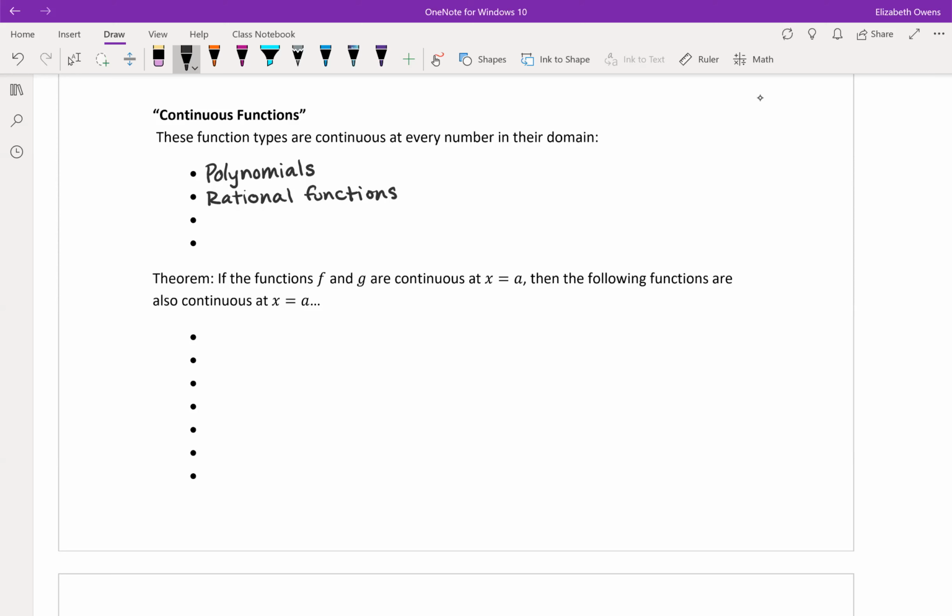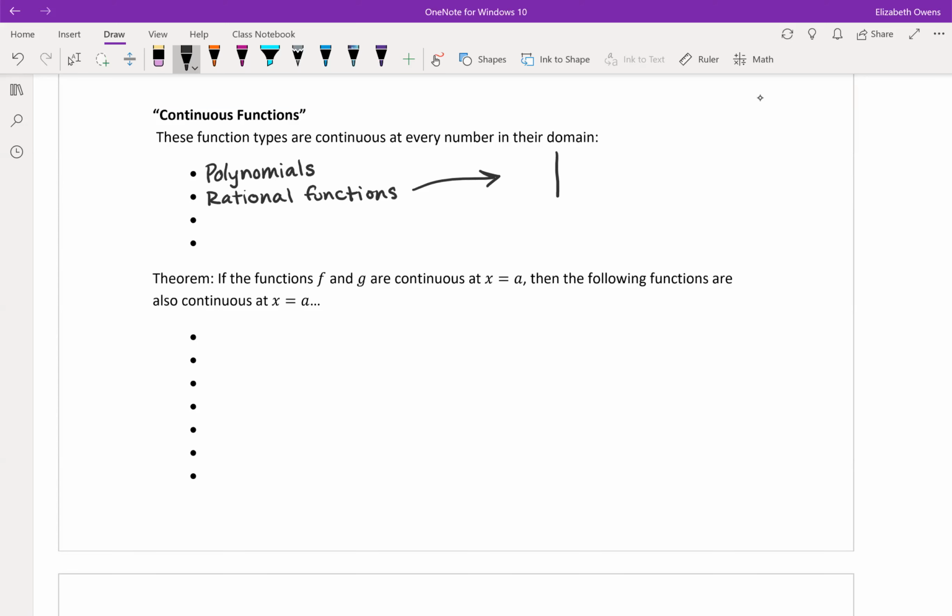Okay, and now you might look at that and say, hey, but isn't a rational function discontinuous wherever the denominator equals 0? And yes, you're right. So rational functions can have discontinuities.